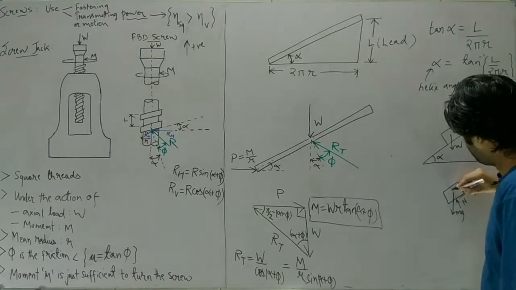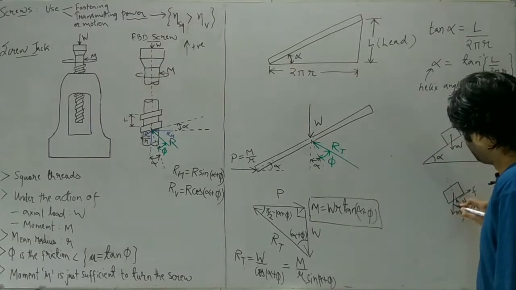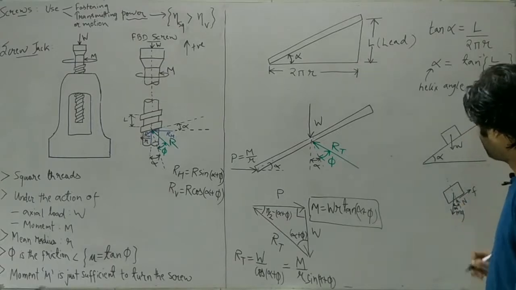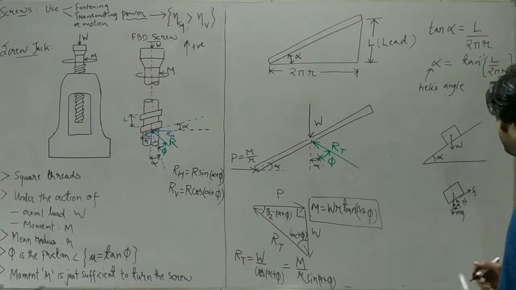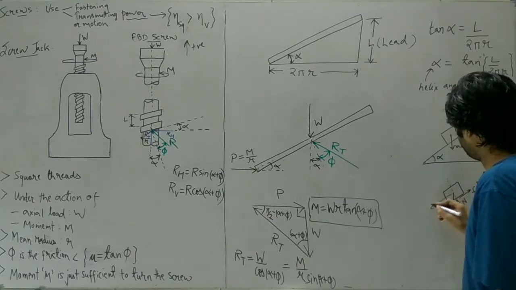Now we see that if this angle is alpha, then this angle is also alpha. So we break this into two components.